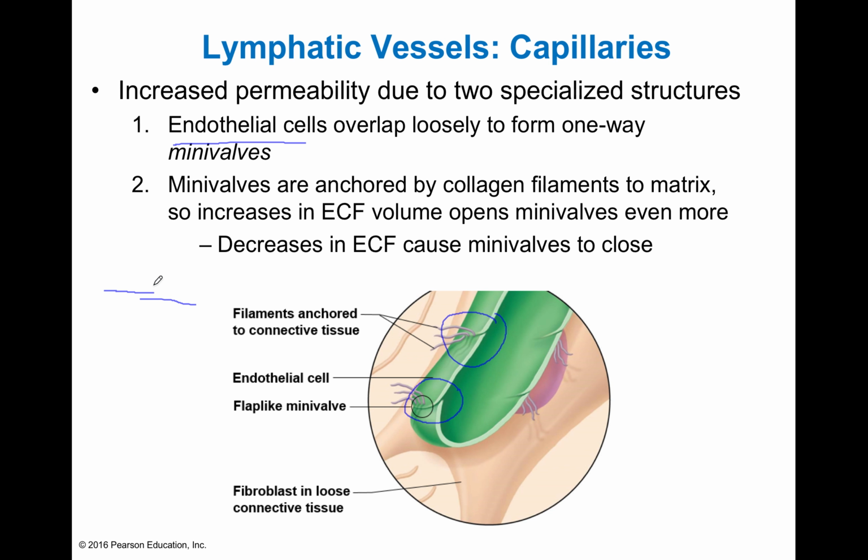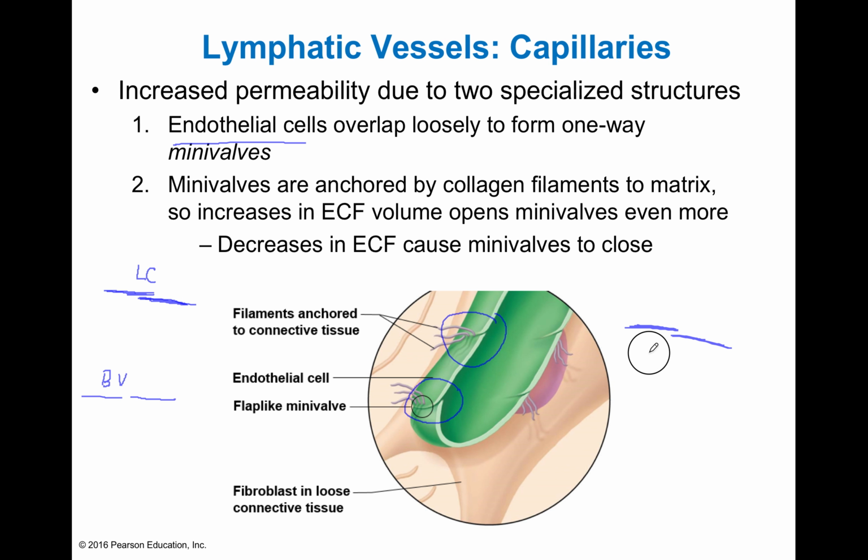So there is an overlap between them, which creates this flap, rather than one cell and then another cell with a gap between them. This is what you see in your blood vessels. In lymphatic capillaries, on the other hand, you have one cell and the second cell forms a flap on top of it. So let's keep that in mind. Let's say you have this flap, you have this flap.